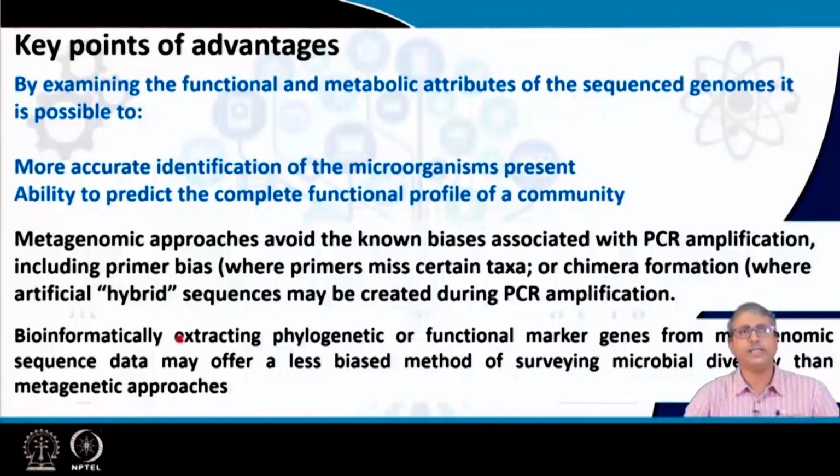Bioinformatically extracting phylogenetic or functional marker genes, because here the whole nucleotide and genomic data is with us, and it is only bioinformatically that the reads are identified and extracted, may offer a less biased method of surveying the microbial diversity than the metagenetic or target gene amplification approaches.